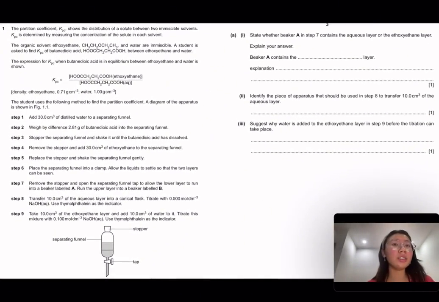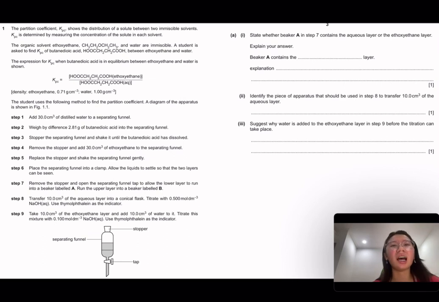Alright, so for this question, they're asking about partition coefficient. So let's read the question. The partition coefficient, KPC, shows the distribution of a solute between two immiscible solvents. KPC is determined by measuring the concentration of the solute in each solvent. The organic solvent, ethoxyethane, and water are immiscible, so they cannot mix.